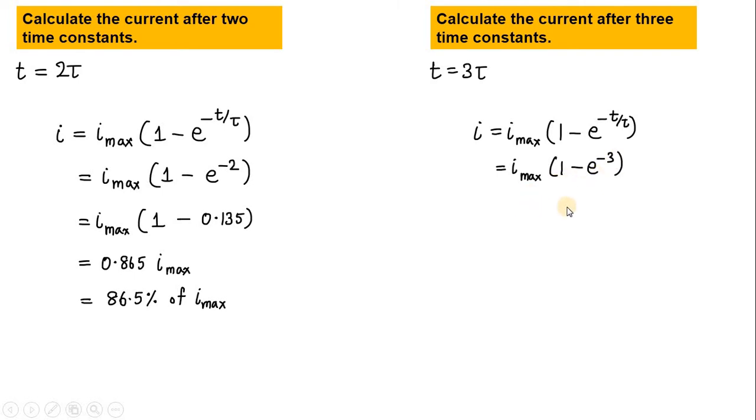With a calculator, e power minus 3 is 0.049, and after subtracting you get approximately 0.95 of I max, that means 95%. So after one time constant the current is 63% of the maximum value, after two it is 86%, after three it is 95%.